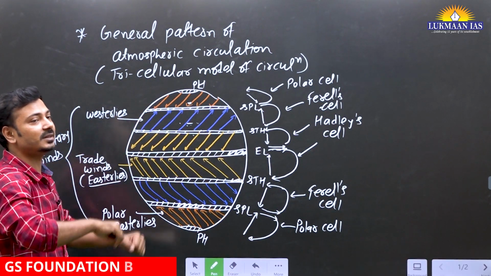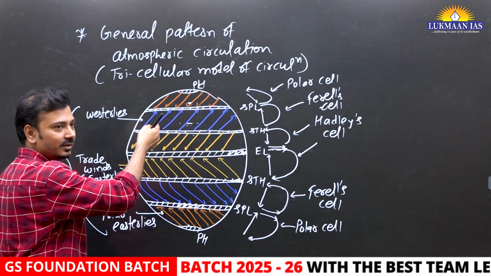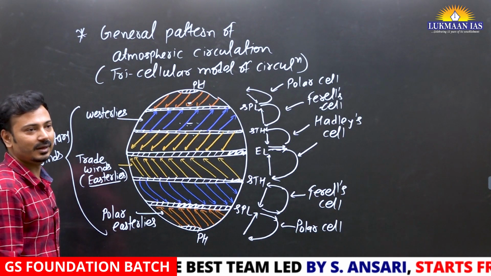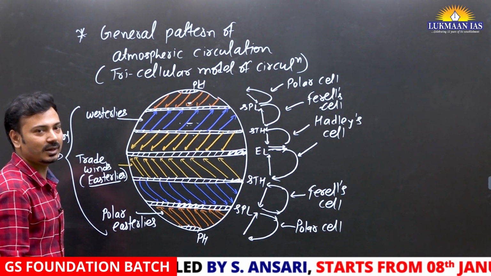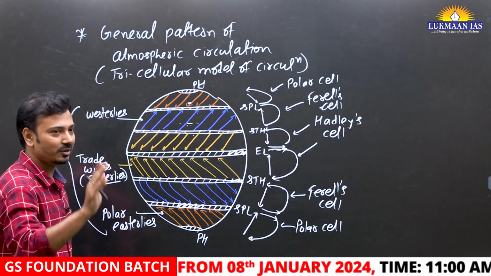And how are the trade winds moving? They will blow from land to ocean now. And because of this, they are dry. No rainfall during summer.